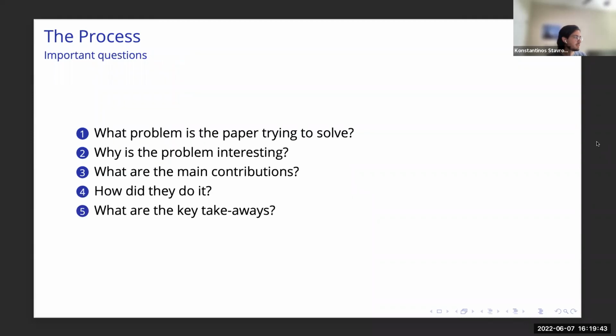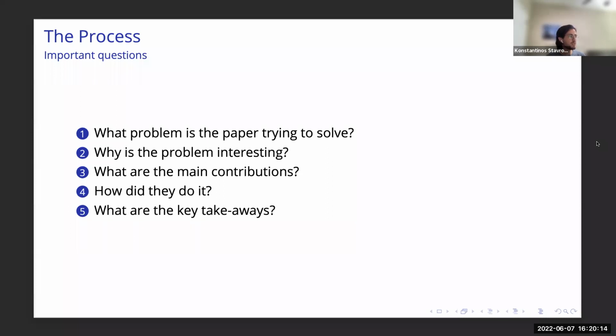Okay, and at the same time, one has to keep in mind these important questions. As we said, in order to navigate through a paper, because it is very dense and compressed, in order to decompress it, one has to be very selective about the information that they retrieve from the paper.